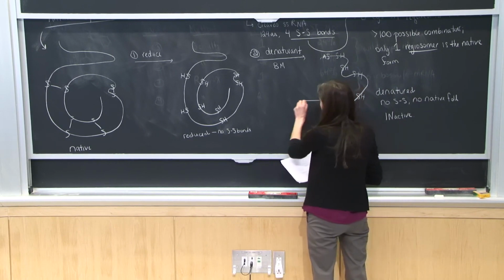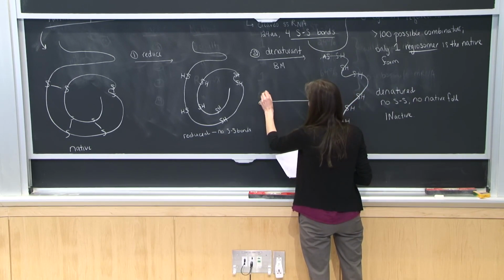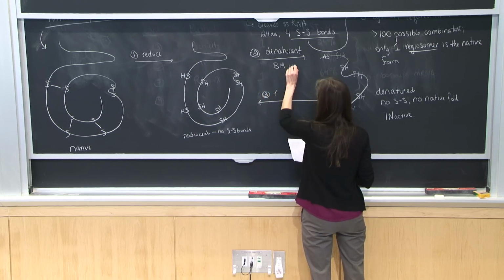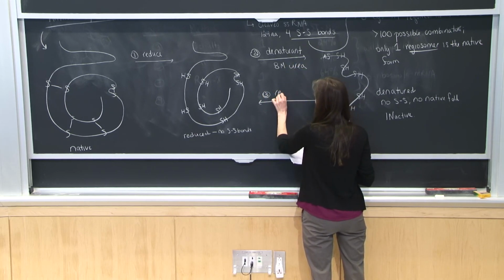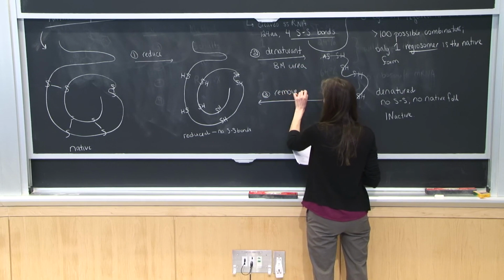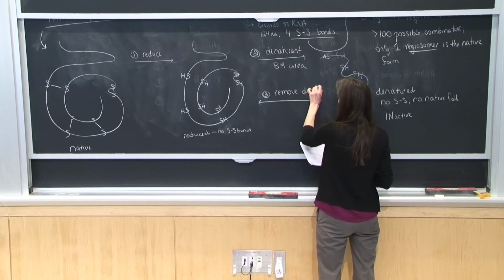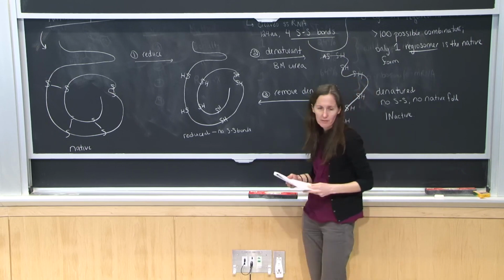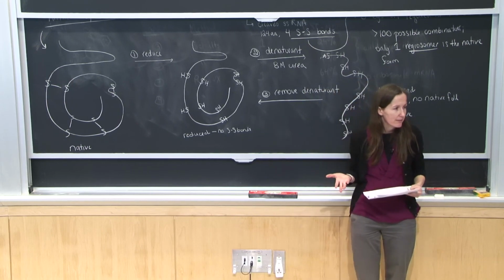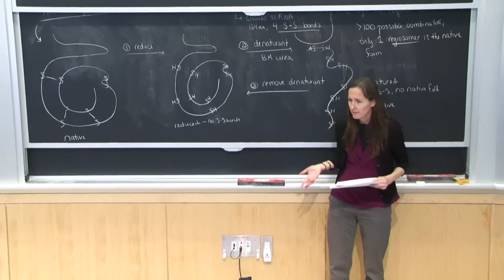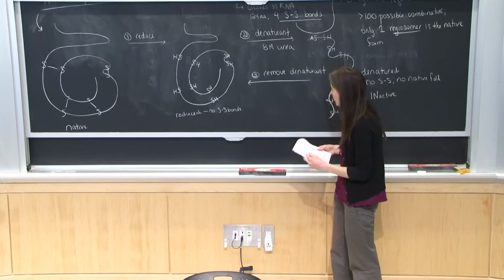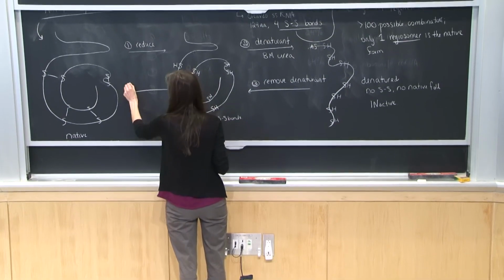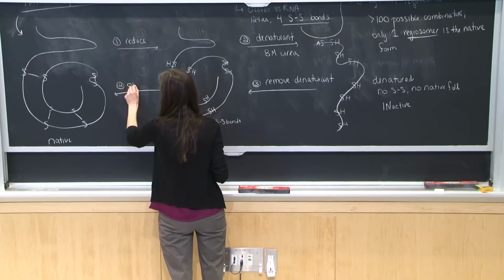So imagine here we work backwards in step 3, remove the denaturant. How that might be done, dialysis is a way to dialyze away the denaturant. And then what happens if we allow this to oxidize?